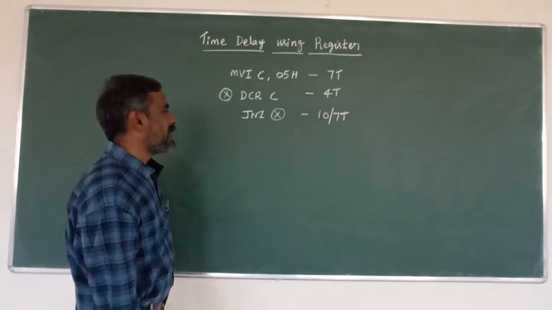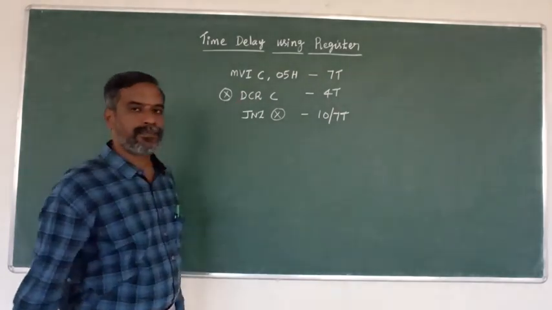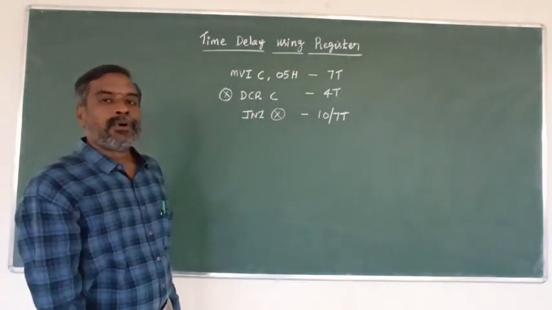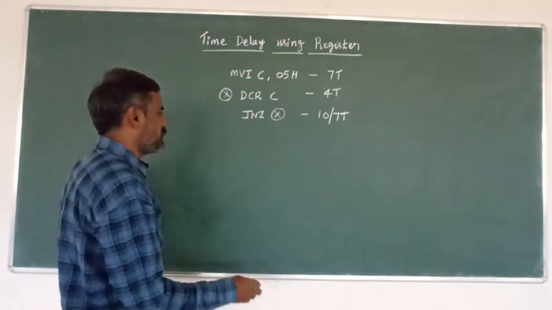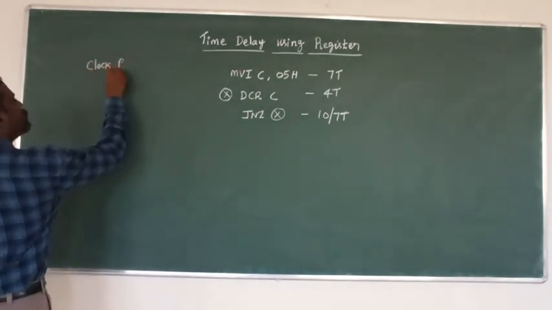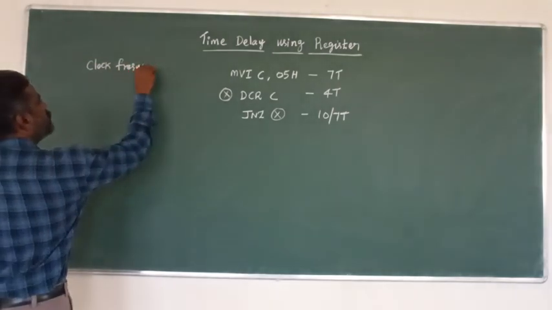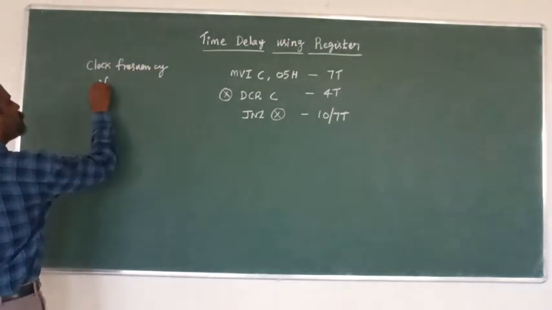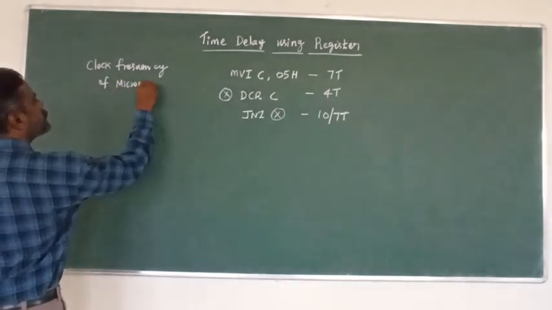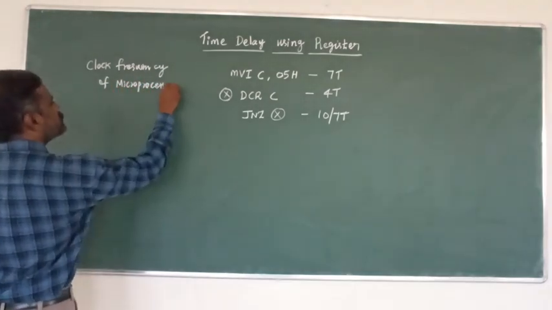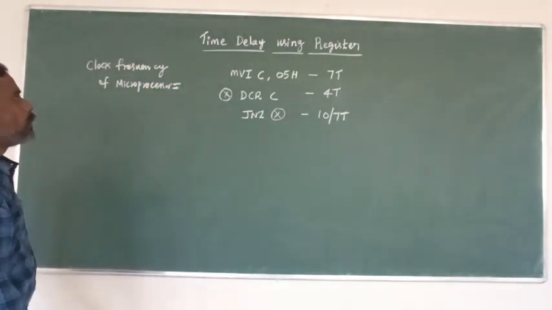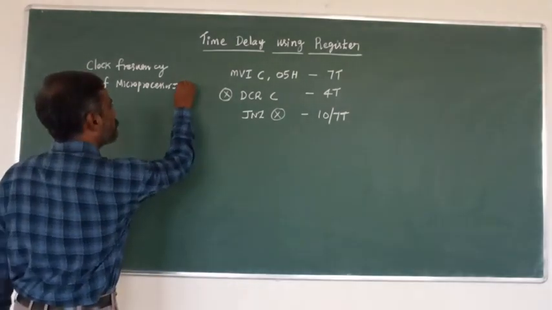Now to calculate the total time delay to execute this program, the given clock frequency of the microprocessor is, suppose, 2 megahertz.